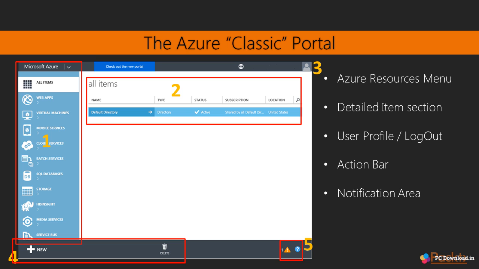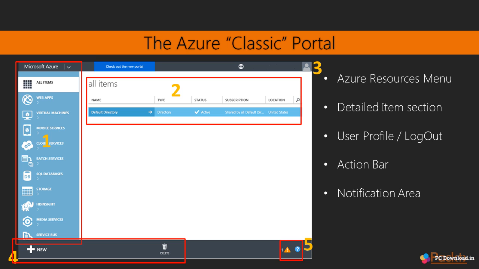On the top right-hand corner, you have your user profile, from where you can see some detailed information regarding the logged on user account, and it also allows you to log out in a secure way. Underneath at the bottom of the window, we have the action bar, allowing you to execute certain tasks like creating a new virtual machine, creating a new website, or what have you.